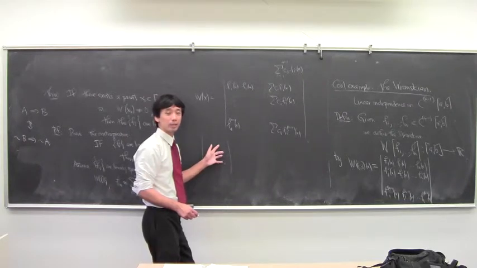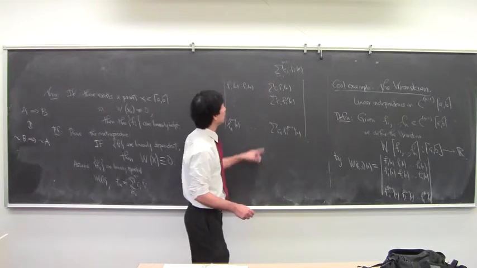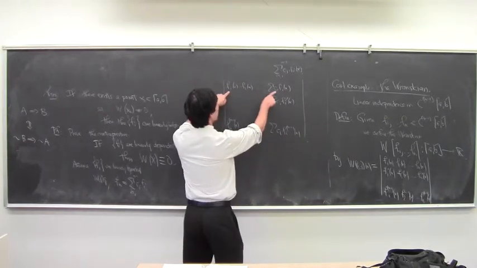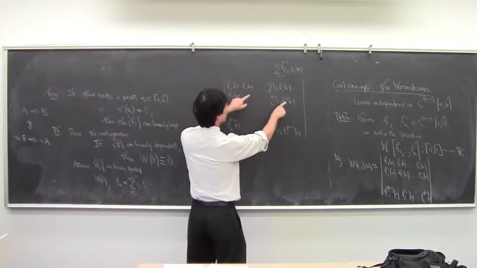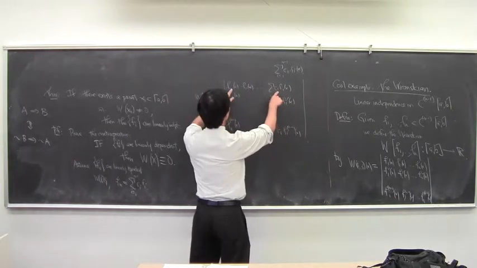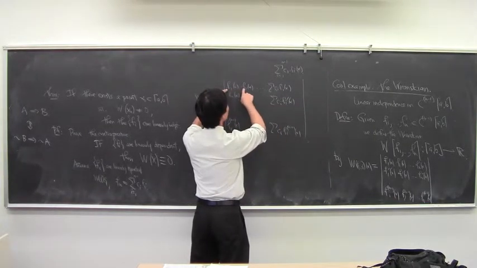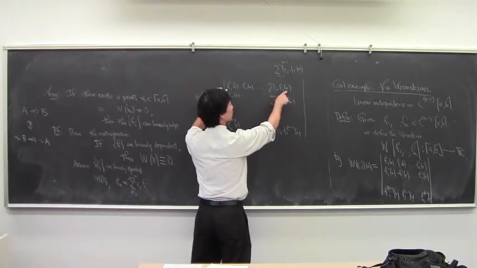Sorry, how do we know it's a linear combination of the other columns? Look at it, right? This one, so F1, F2, Fn. You take C1 of the first guy, plus C2 of the second guy, plus C3 of the third guy, and so on. You add them together and you get this.